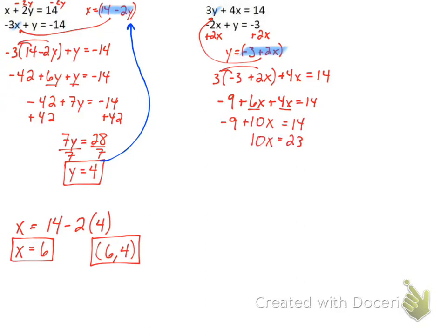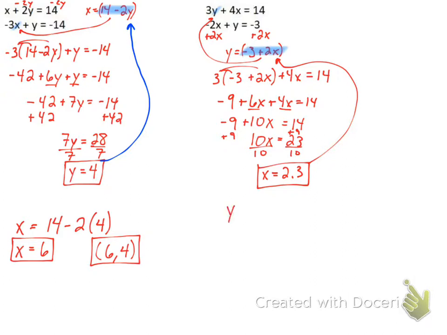And so divide both sides by 10. I added the 9 to the other side to get that 23. So I end up with x is equal to 2.3. Once I'm there, again, I'm going to grab this and plug it into one of the originals, or the first step that I had there.